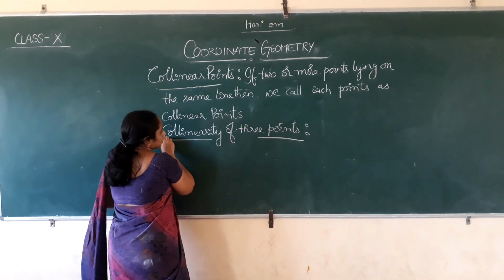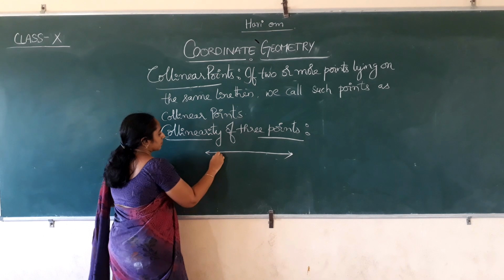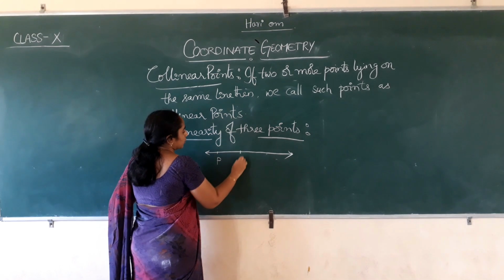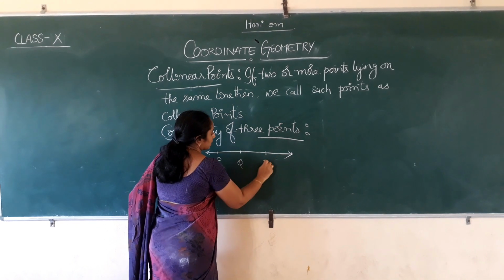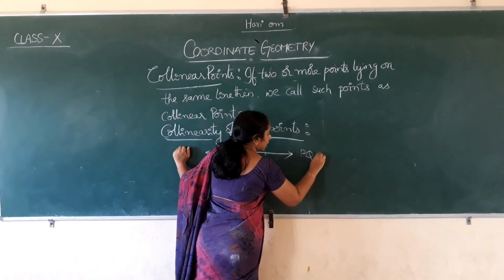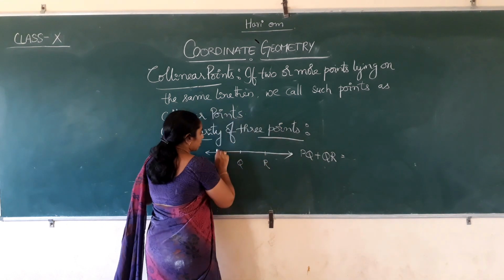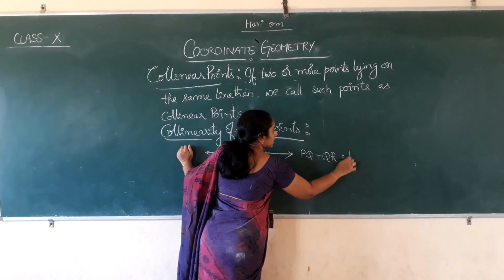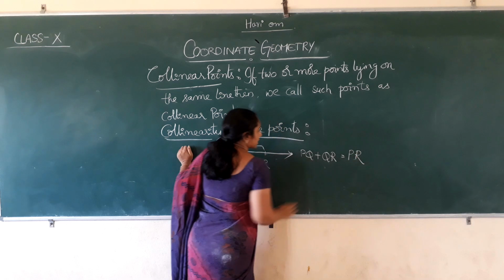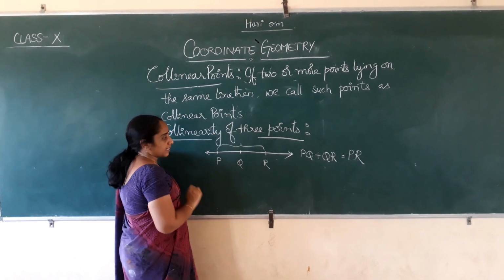Consider 3 points on a line, P, Q, R. If PQ plus QR is equal to PR, then we can call them collinear points.